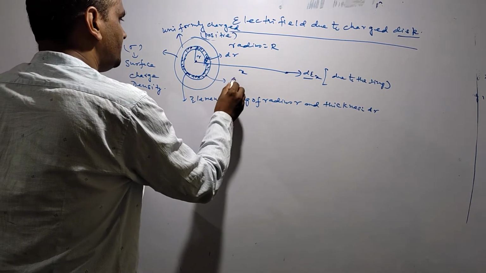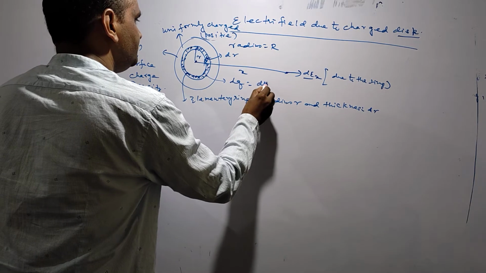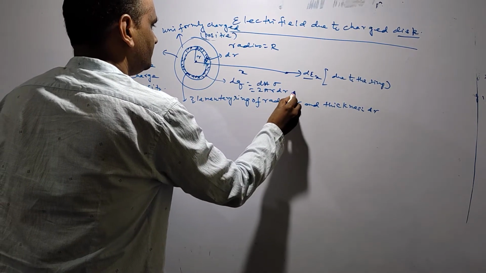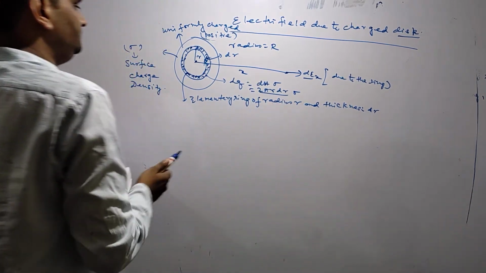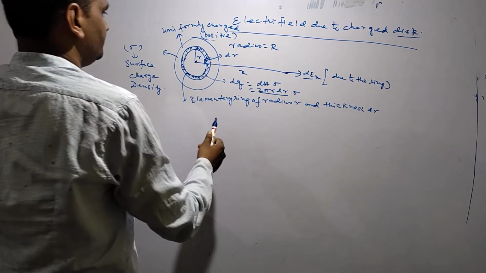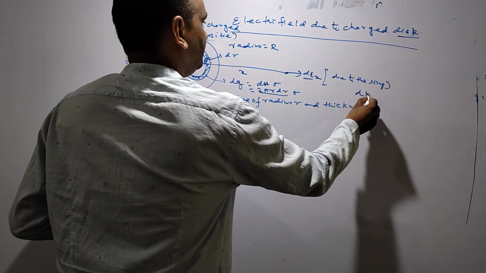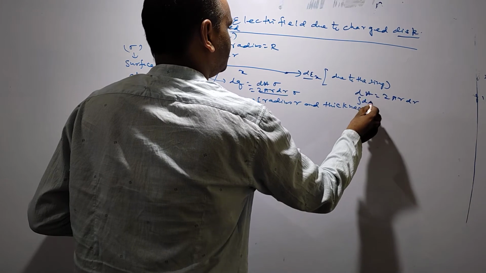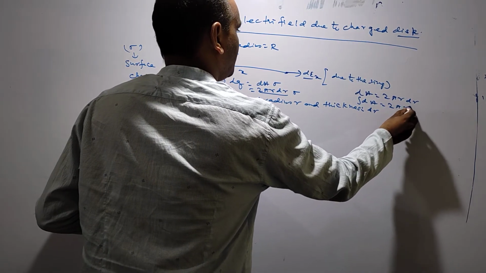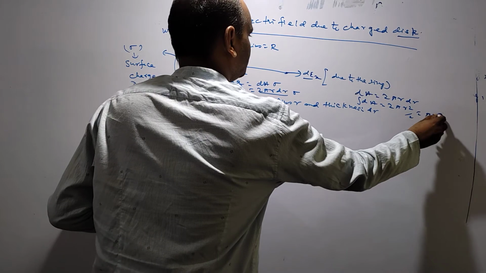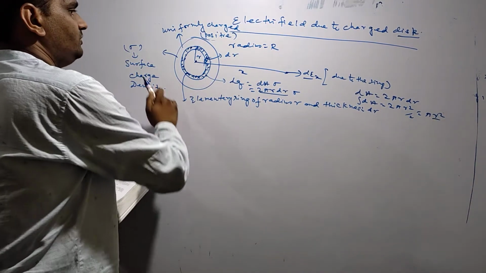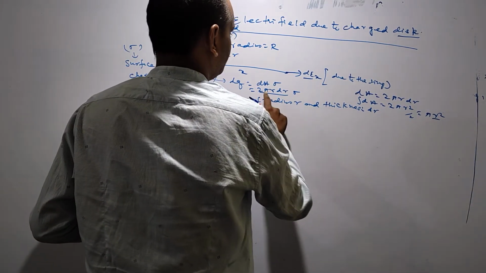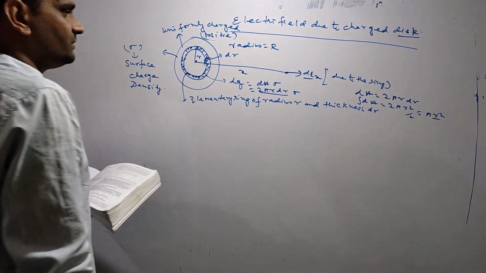Now dq is dA into sigma, and dA is 2 pi r dr. Integrating 2 pi r dr gives 2 pi r squared by 2, which is pi r squared, the total area. So this is the elementary area dA; differentiating gives 2 pi r dr.